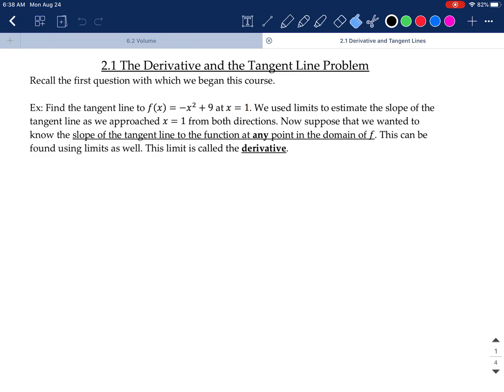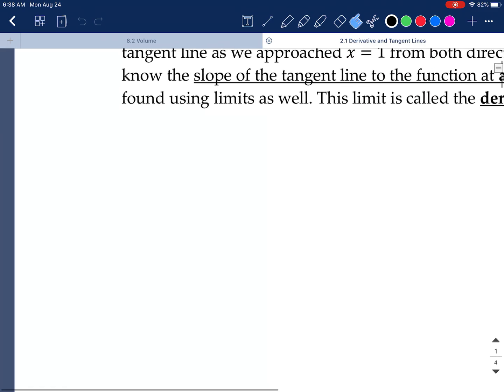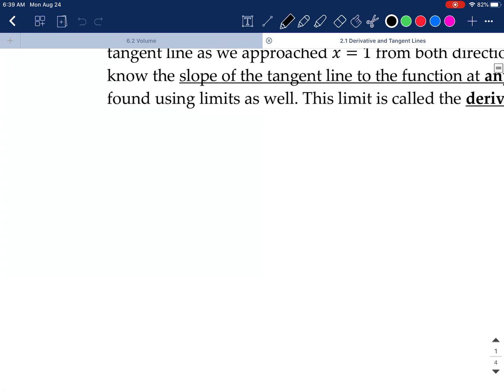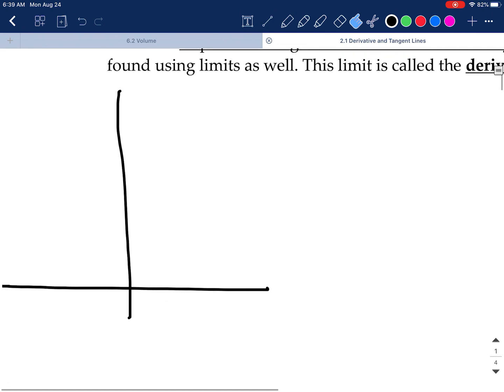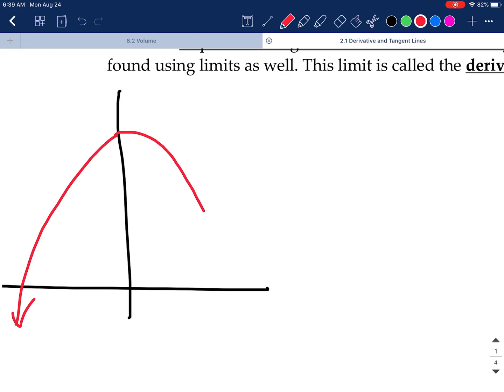So for example, from that first set of notes we had the curve 9 minus x squared, I believe. Yeah, so it was 9 minus x squared. And we were interested in calculating the slope at 1. So we took the limit of the secant line between that point, and so we picked points that were really close, like 0.5.